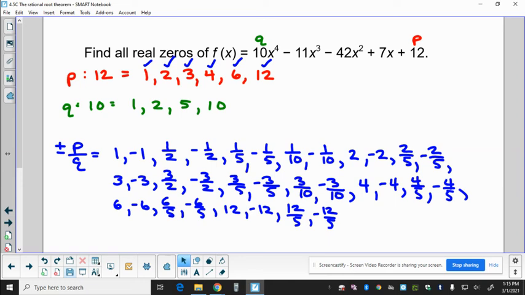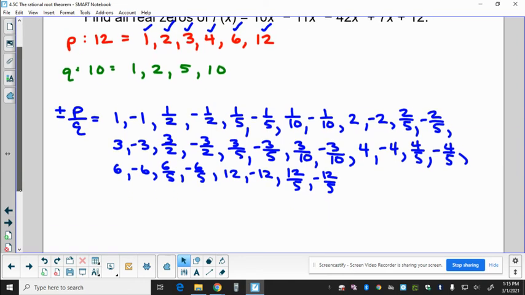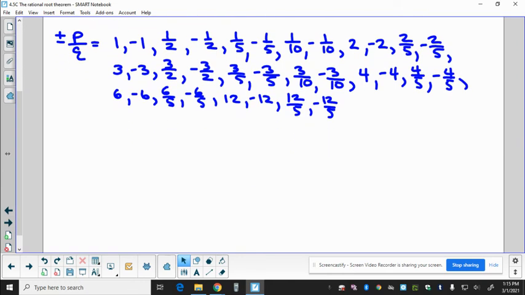Let's take that polynomial and let's rewrite it here so we have some synthetic division ready to go. So here's our coefficients. We had 10, negative 11, negative 42, 7, and 12.